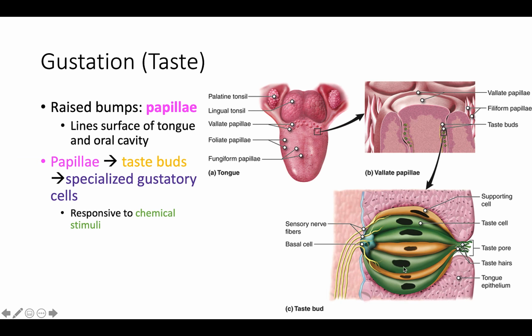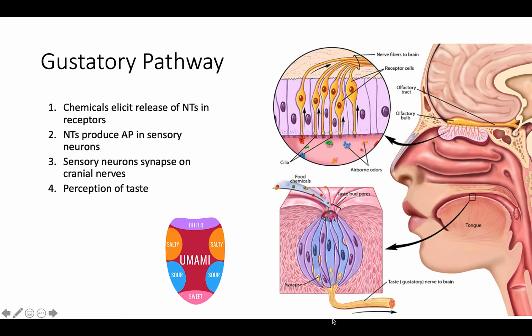And these are specialized receptor cells for particular chemicals that would be present on the tongue that produce a flavor response. All right, so they're responsive to various chemical stimuli. And so what you'll see is chemicals that are present in food will be on the tongue or in the nasal passage, which we'll get to here shortly.